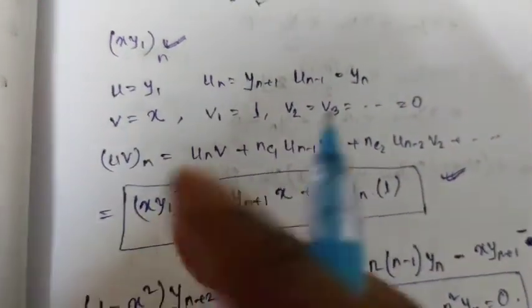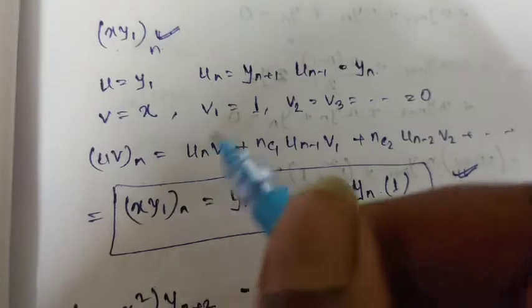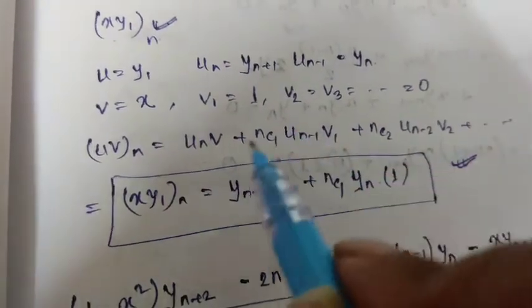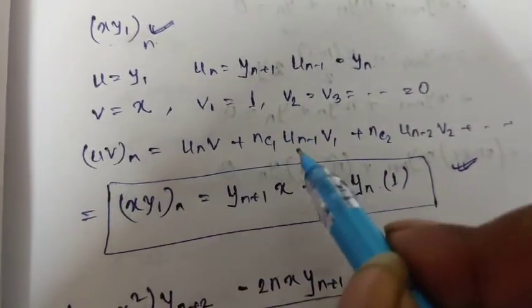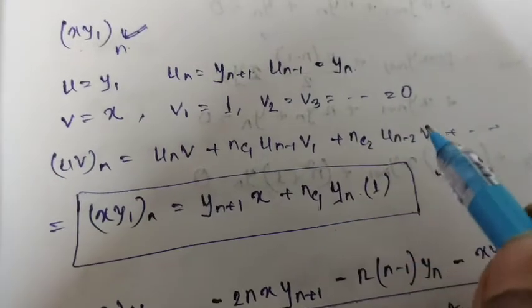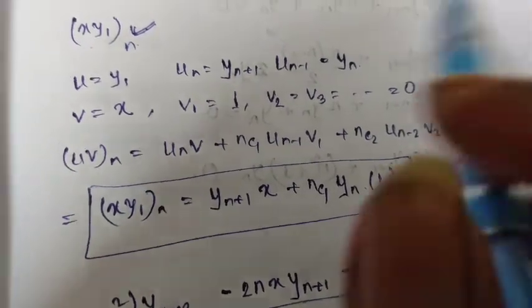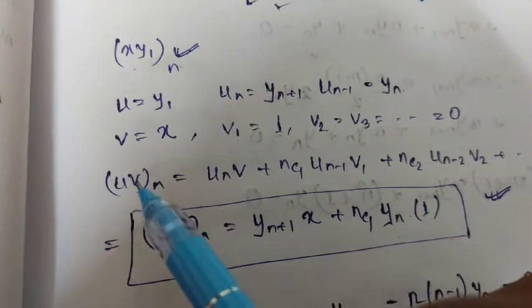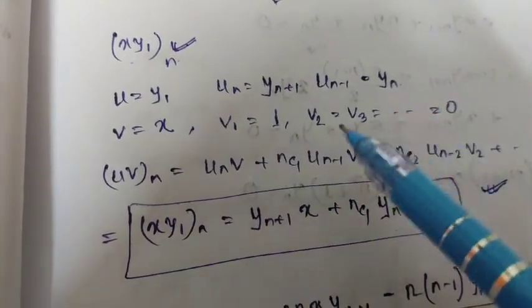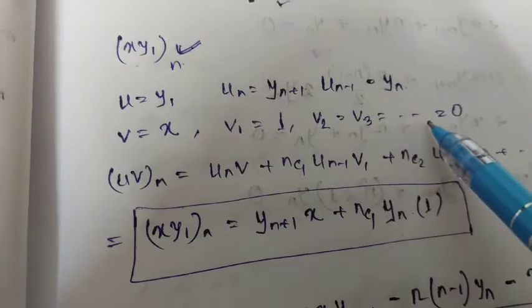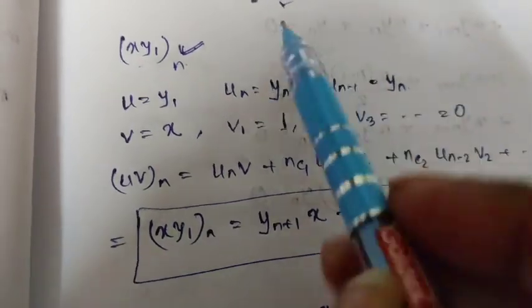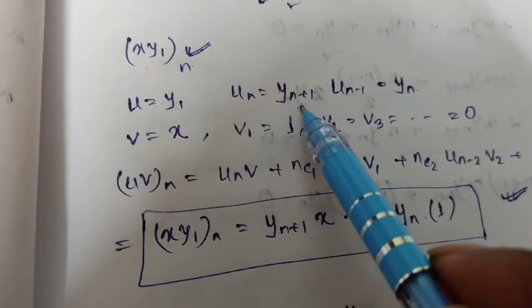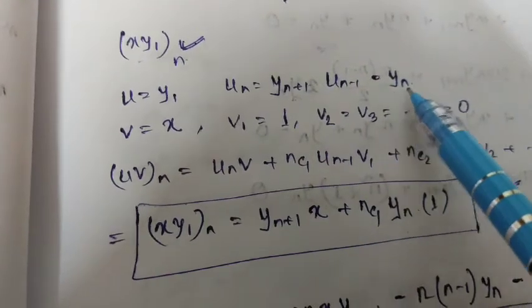From the statement of the Leibniz theorem, (uv)n is equal to unv plus nC1 un−1 v1 plus nC2 un−2 v2 plus and so on. Here v1 is equal to 1, and from v2 onwards all the derivatives of v are 0. And un is yn+1, un−1 is yn, and so on.